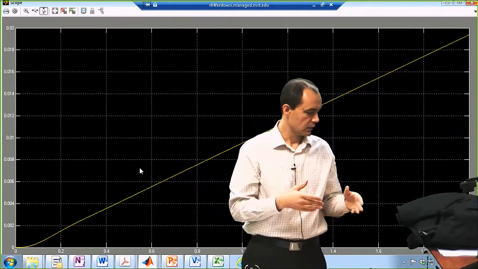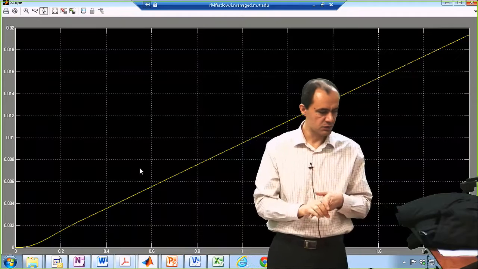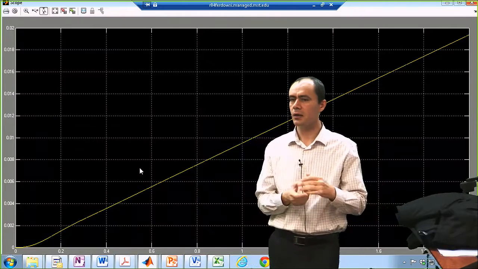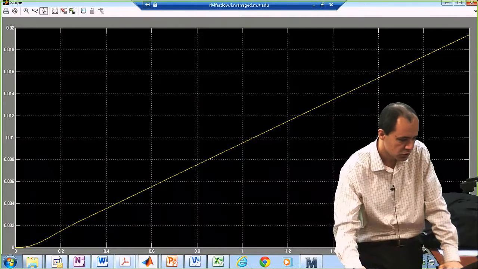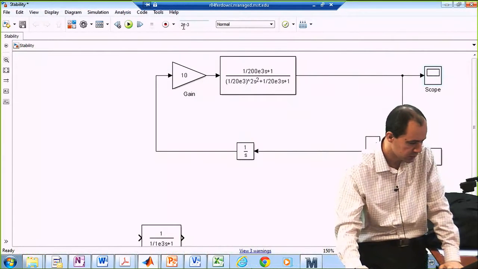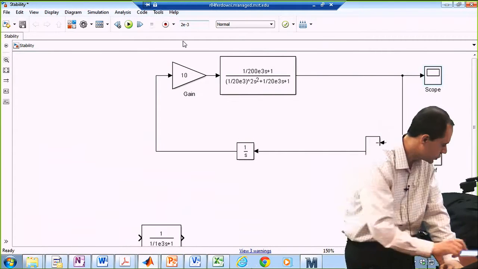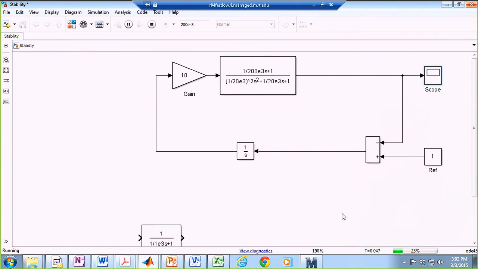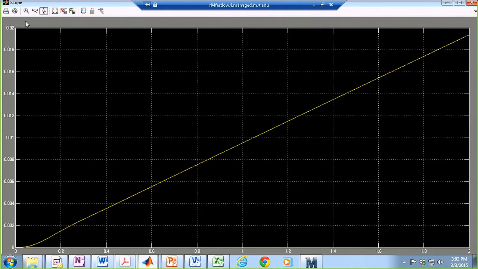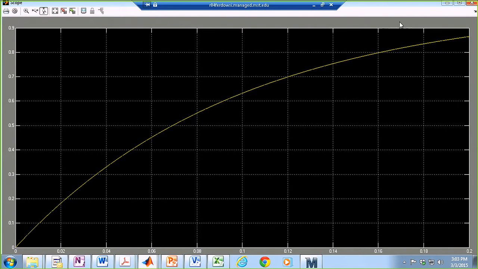Before, it was very quick. My system was very quick in responding. Now I have added an integration block, and the system is sluggish. So I have to run it for a longer period of time, maybe 200 milliseconds. Okay, still not there, so let me do 2000 maybe.